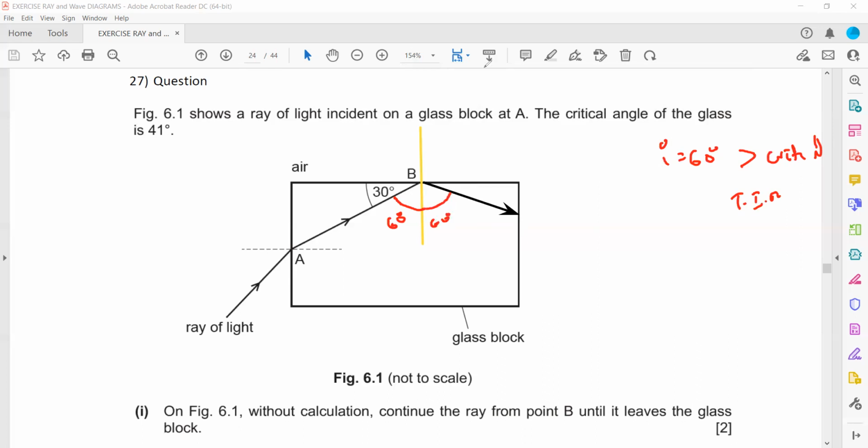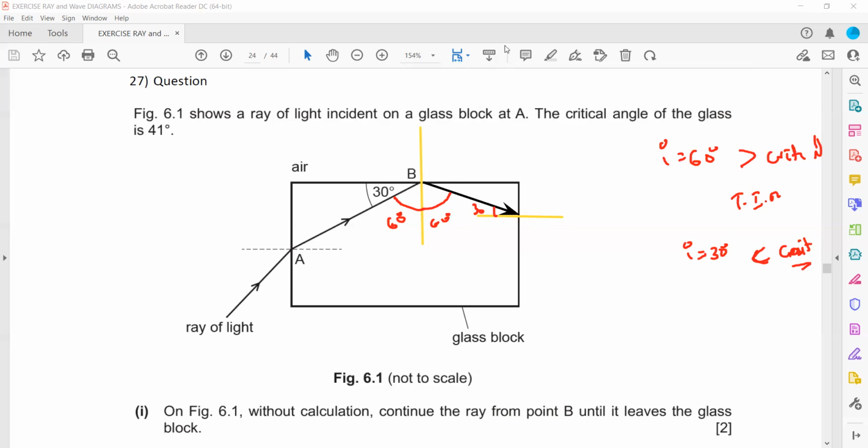Then we draw another imaginary line, the normal, at 90. Then this angle will be 30. So the angle of incidence now is 30, which is less than the critical. So if this angle is less than the critical, then simple refraction will occur.